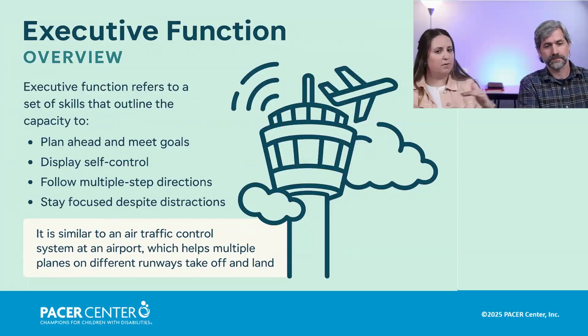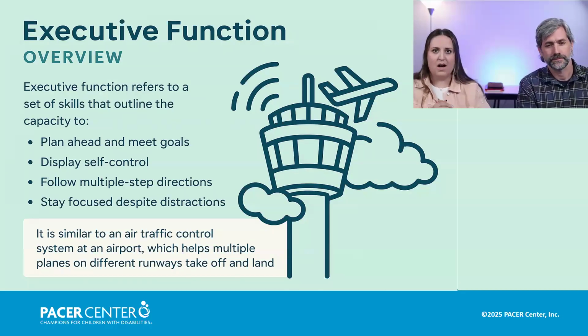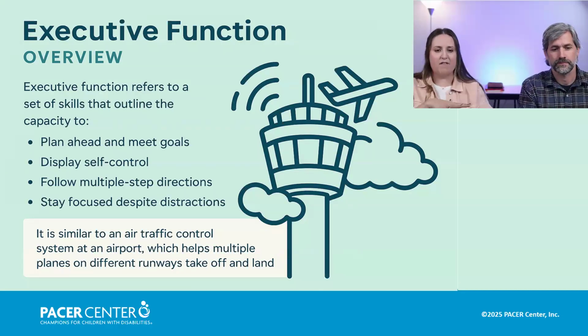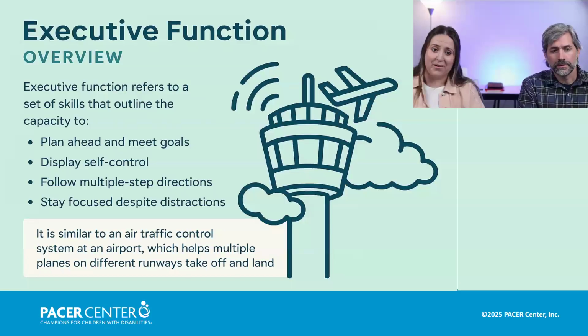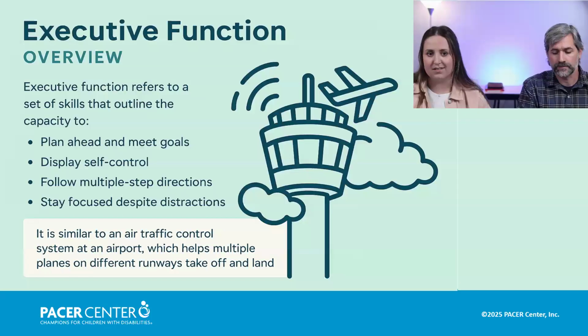You're doing multiple things at different times, and it's the ability to manage those different tasks, whether that's at school or at work. Having those skills refers to executive function, but it is a broad category in general. So let's talk a little bit about the tools that we have.